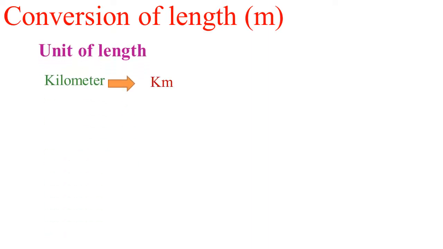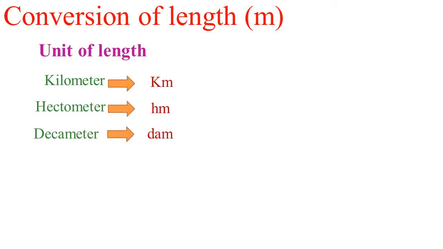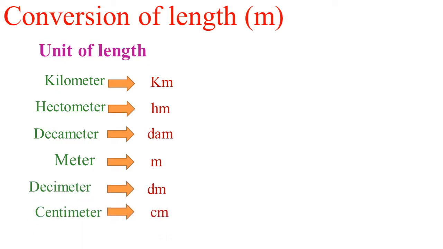So next, conversion of length. In the metric system of measurement, the most common units of length are kilometer, hectometer, decameter, meter, decimeter, centimeter and millimeter.